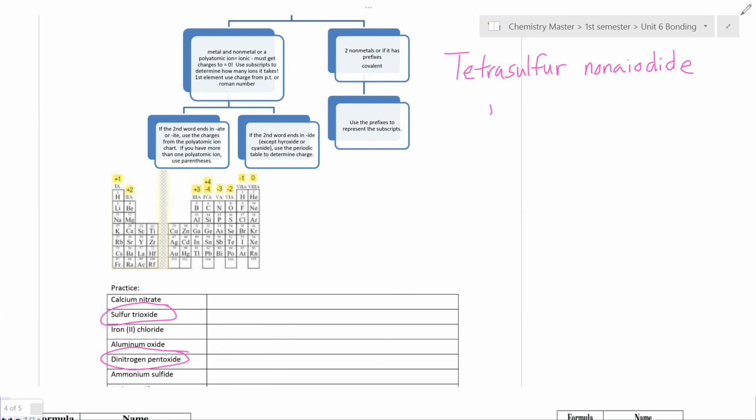All right, see if you can write the formulas for these 3. The one I wrote and then the 2 that are circled. Although one of those we kind of already did. Okay. So take a second, see if you can work through those.